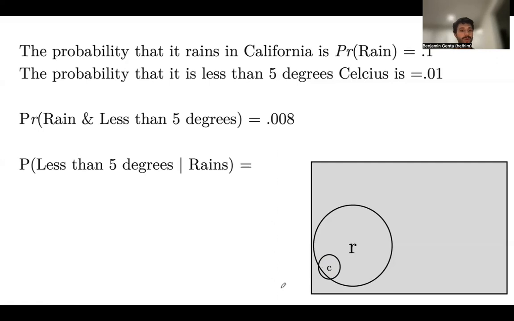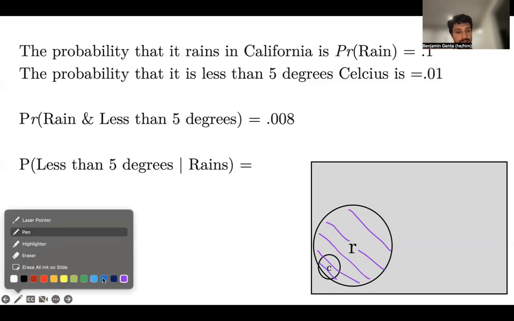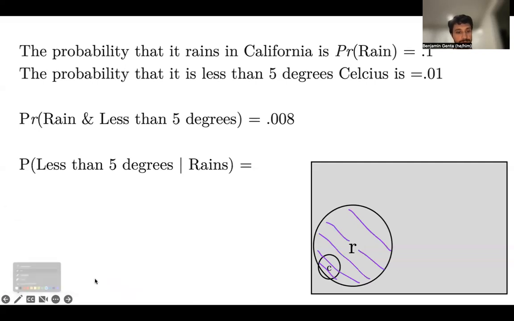But now if I say, well, what's the probability that it's less than 5 degrees given that it rains? So here you can say, well, I know that it rains. So I know that R happens. So I know that I'm in this circle, right? You know that you're in the circle of R. So you could forget about all the rest. And the question that we're asking is, well, what's the probability that it's less than 5 degrees?